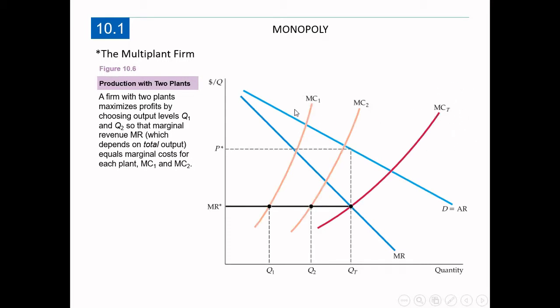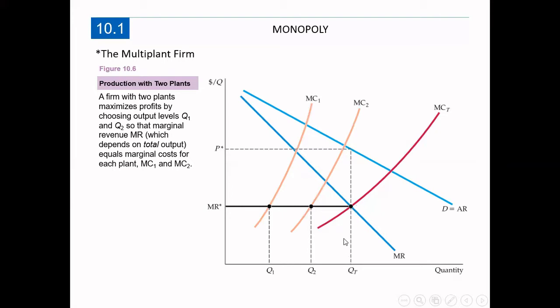The total cost consists of marginal cost 1 and marginal cost 2. So if I have here the marginal revenue, this is the quantity for the first firm, and then the quantity for the second firm. Let's say, for example, it is 10, and this is another 10. The total summation, if I have here 10 units, and here I'm going to add an extra 10, the total will be 20, okay? So the intersection between marginal revenue and total marginal cost represents the total quantity.